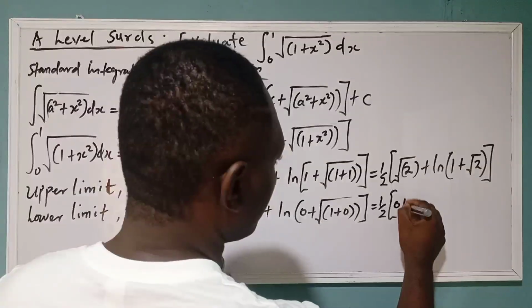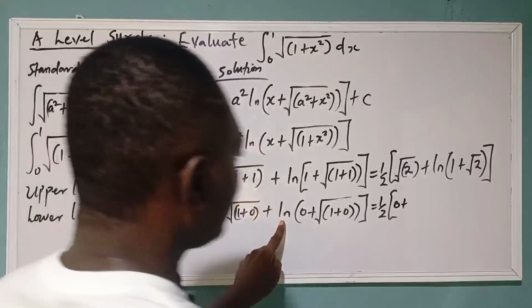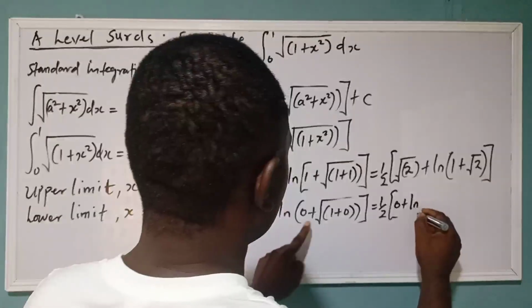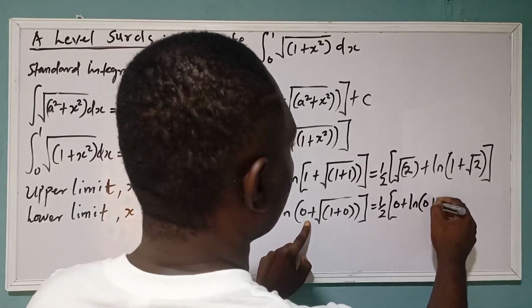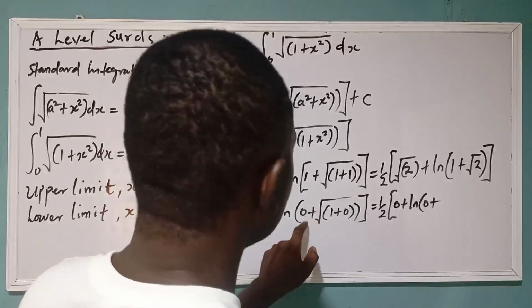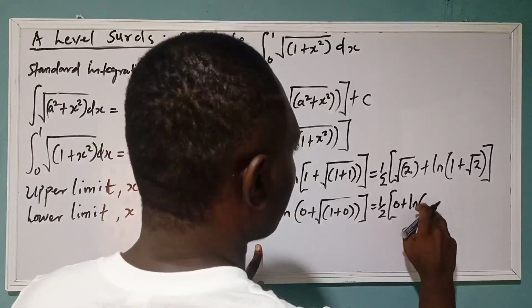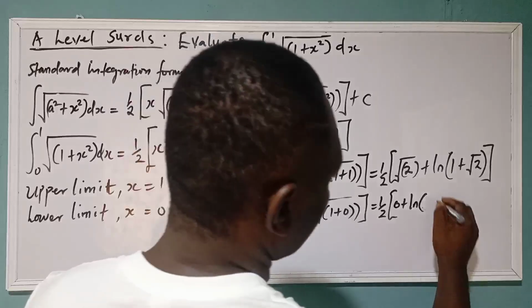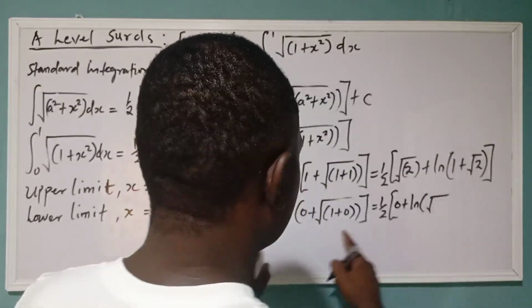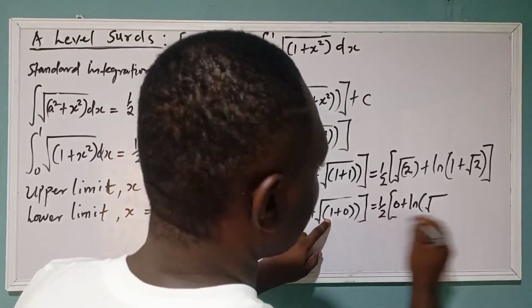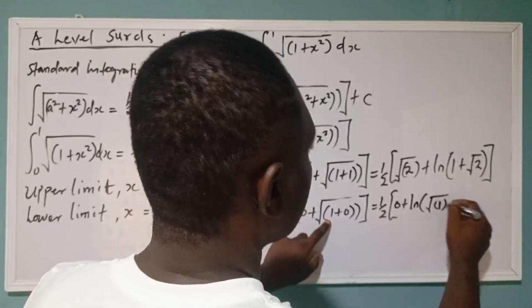So we have 0 plus ln, open bracket, 0 plus, since this is 0, 0 can just go away, addition is commutative, so we just have square root of 1 plus 0, square root of 1, right?